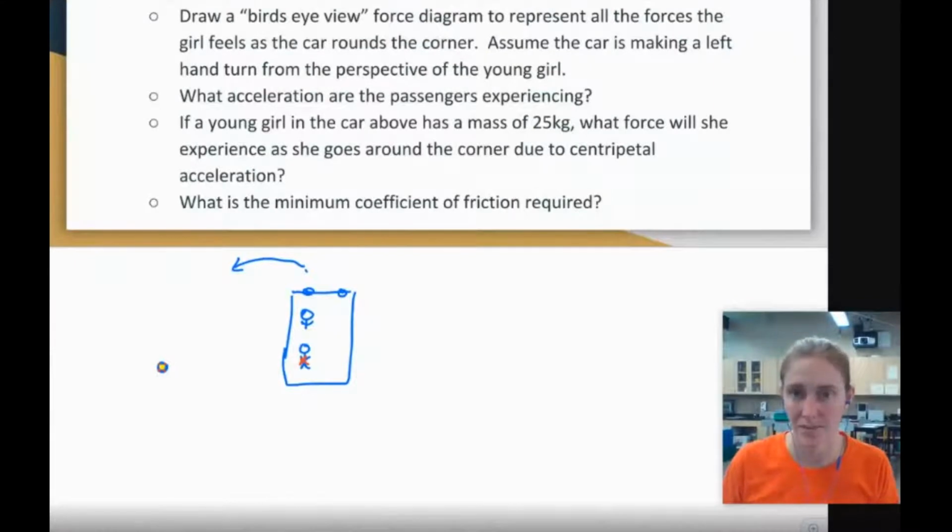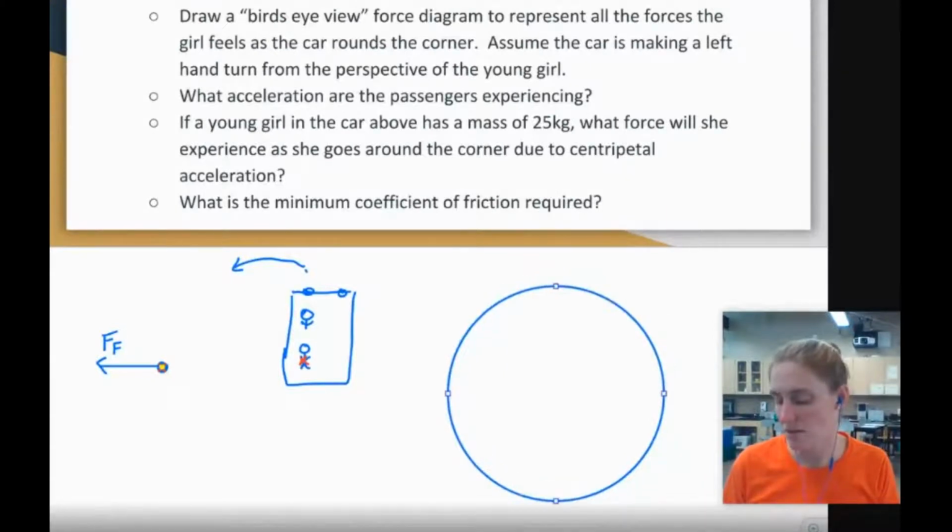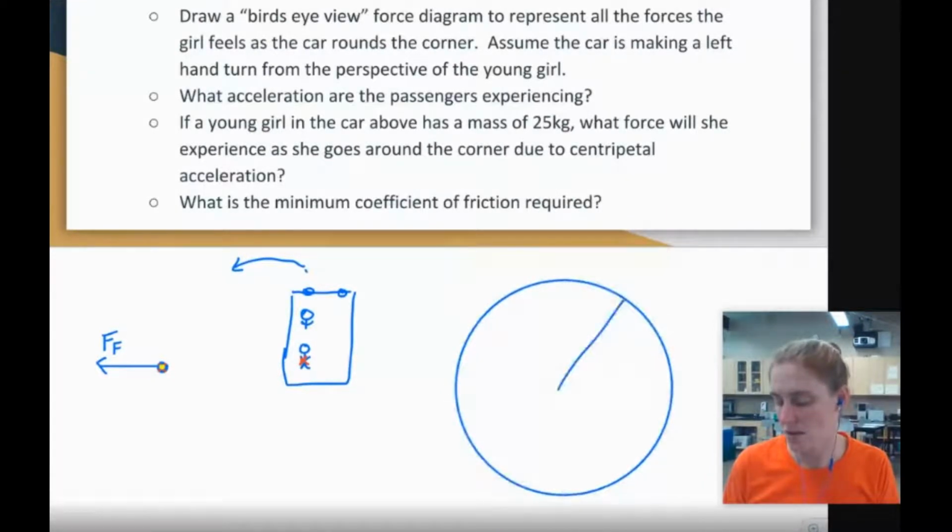So the only force left to draw in this case is my frictional force, which is going to be to the left. Because if you think back to those examples where you had something flying around in a circle, and there's a string pulling from that object to the center of the circle, regardless of where the object was, here or here, the string pulls it towards the center of the circle.